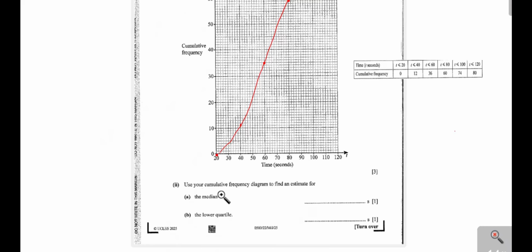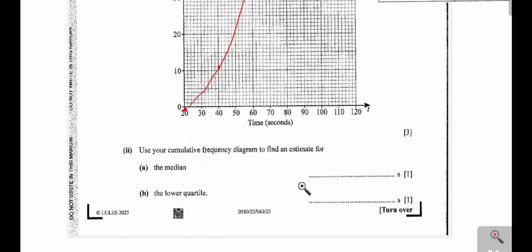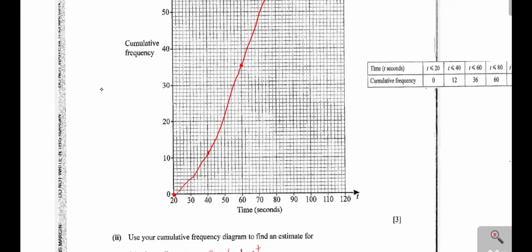Part second, use your cumulative frequency diagram to find an estimate for the median. The median is the middle value of the data. The middle value here is based on the total students. Here are 80 students, and half of 80 will be 40, so the time of the 40th value.